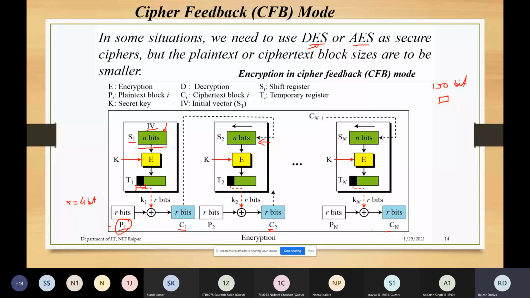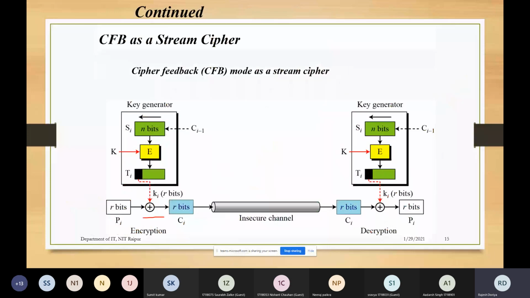So the error propagation will affect the consequent blocks as well.